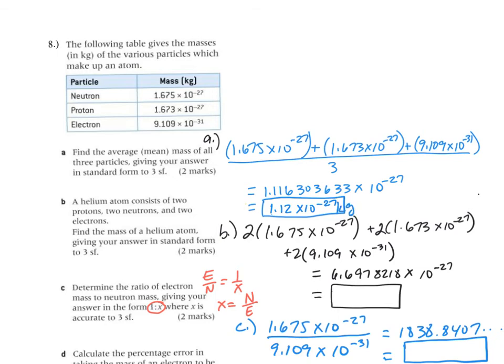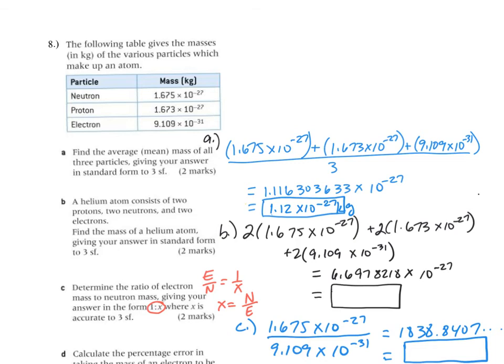Letter B says a helium atom consists of 2 protons, 2 neutrons, and 2 electrons. Find the mass of a helium atom, giving your answer in standard form to 3 significant figures. So here's the arithmetic that we would do. We would double all these masses and add them together. This is what your calculator would show. But to get that answer to 3 significant figures in standard form, remember this is 10 to the negative 27th, so we would move this decimal point way to the left.